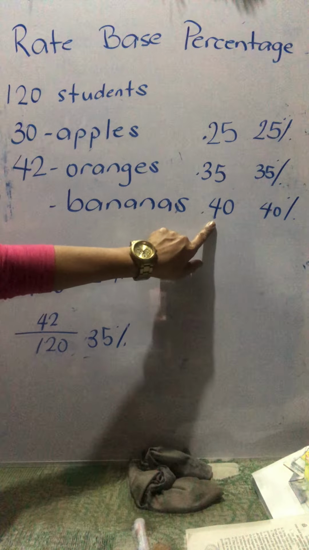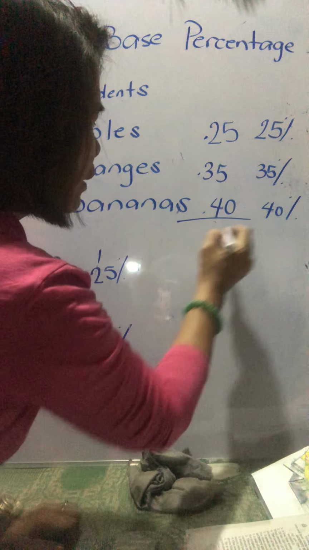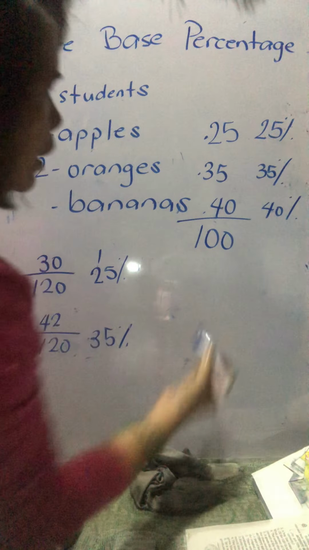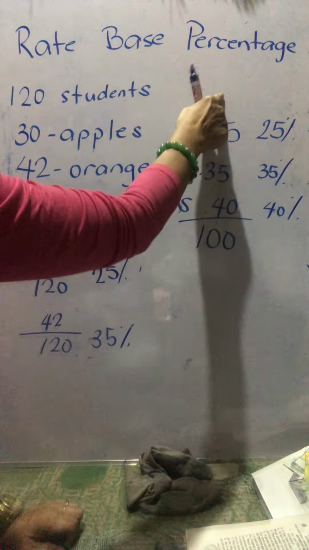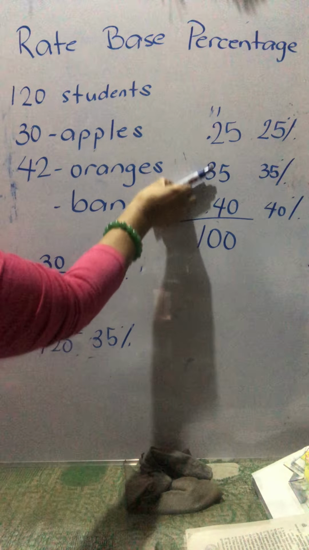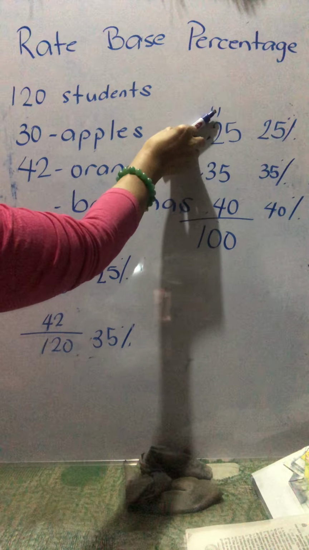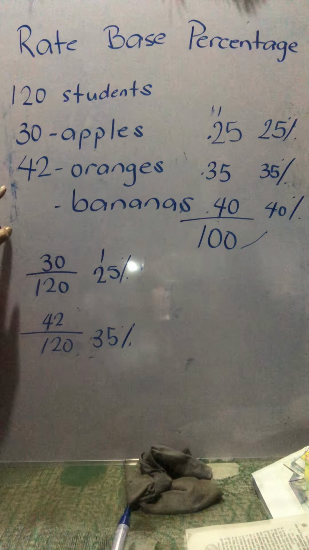That is 40. Kasi we have to move here to 100%. Okay, so tingnan natin. 5 plus 5, 10, carry 1. Okay, this is now 10. So 4 plus 3 is 7, plus 2 is 9, plus 1 is 10. So that is 100%. So 40% yung sa bananas.